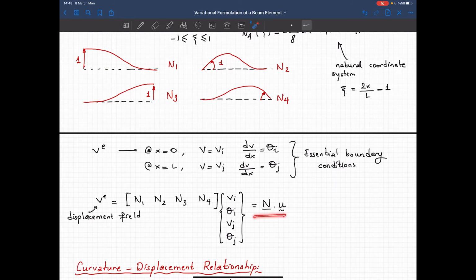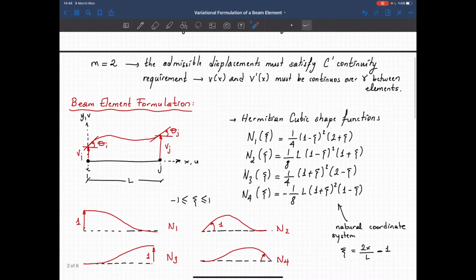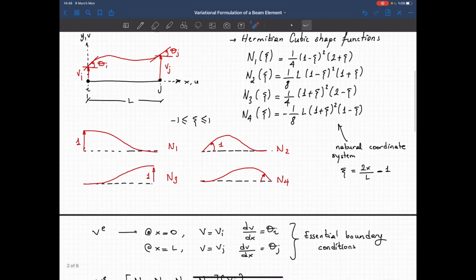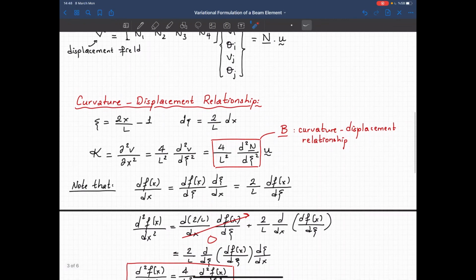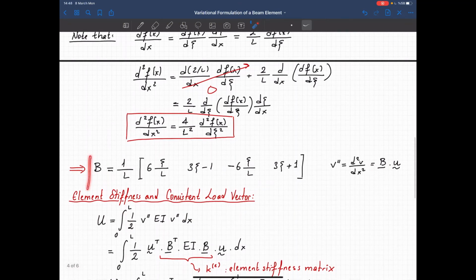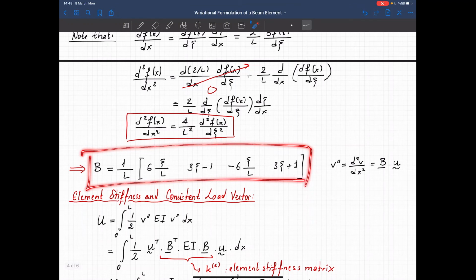According to my total potential energy functional, I have to relate the displacement with the curvatures. So I obtain the curvature displacement relationship, basically taking the second derivative of the displacement field, and that gives me the B matrix.